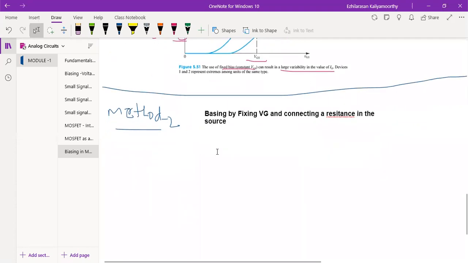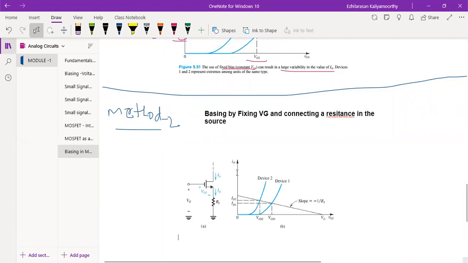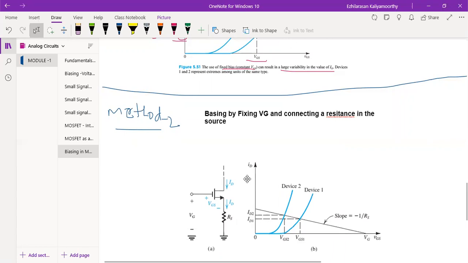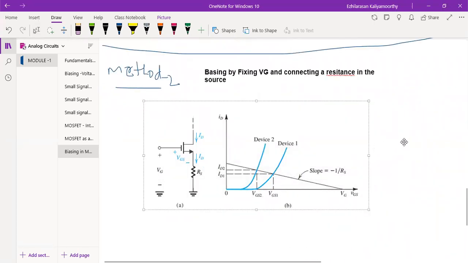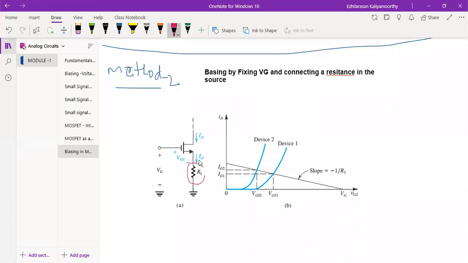Let us take the figure for this. Here we connected a source resistance by fixing VG.